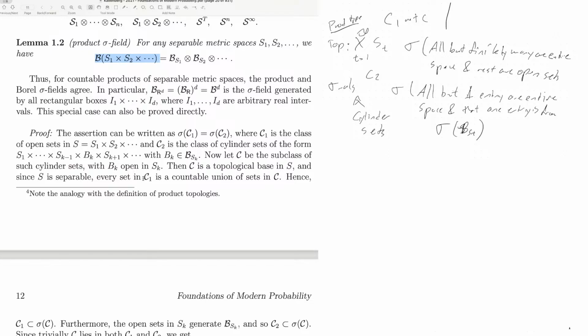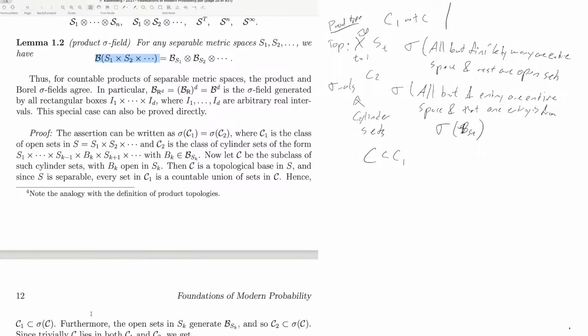Am I crazy? It seems like C should be a subset of C1, like proper. Okay, I see.